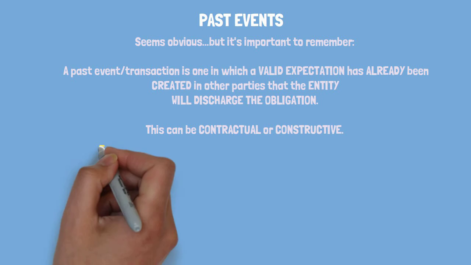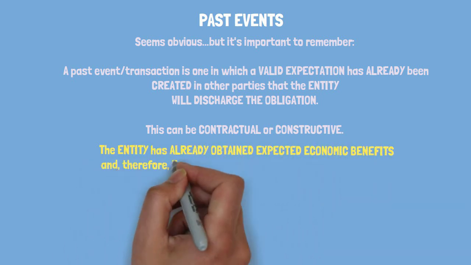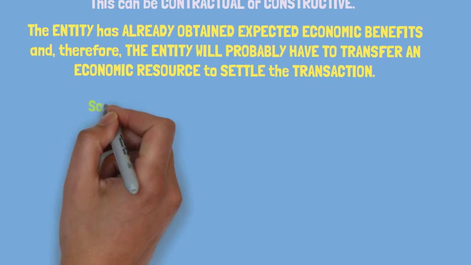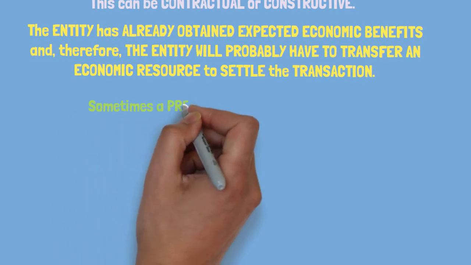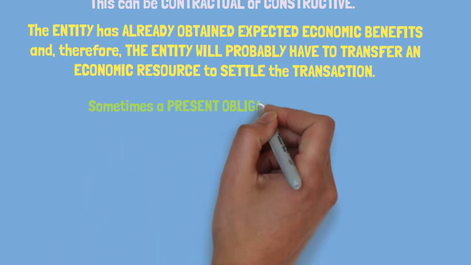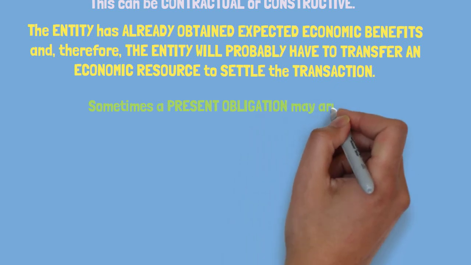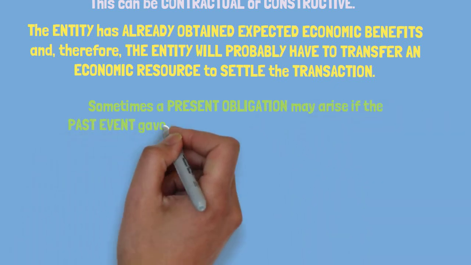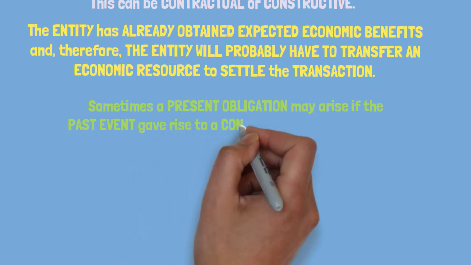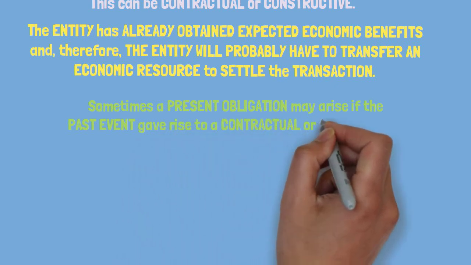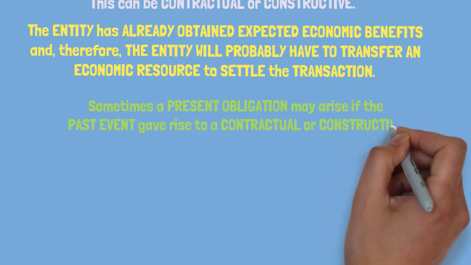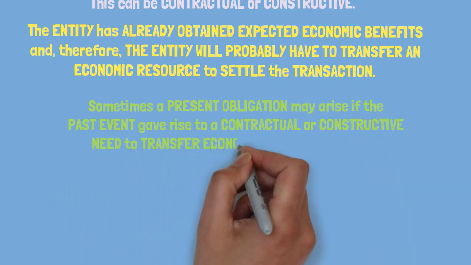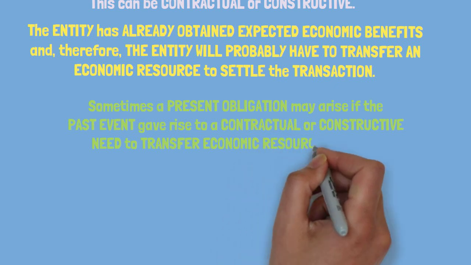And as described when we're describing what present means, it can occur in one of two ways, whereby the economic benefits have already been obtained and therefore there is a duty to transfer an economic resource to settle the transaction, or whereby a present obligation may arise if the past event has given rise to a contractual or constructive need to transfer economic resources before the economic benefits are received.